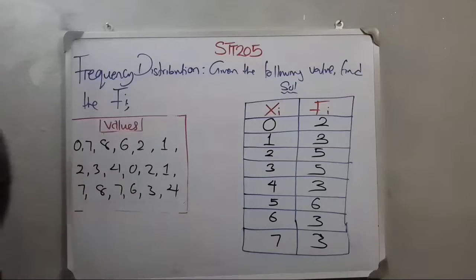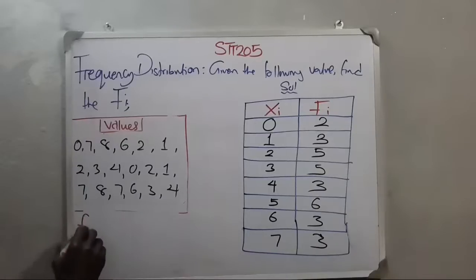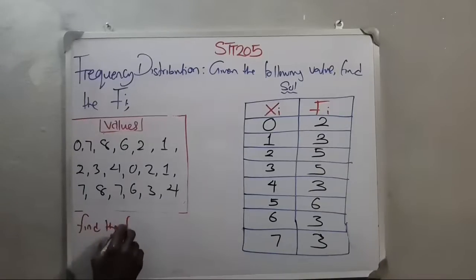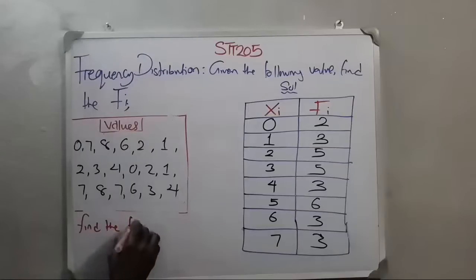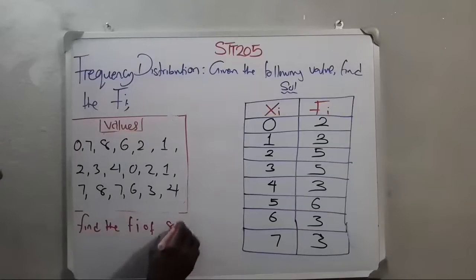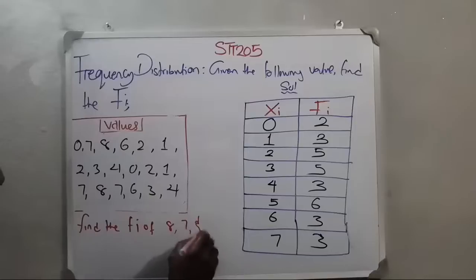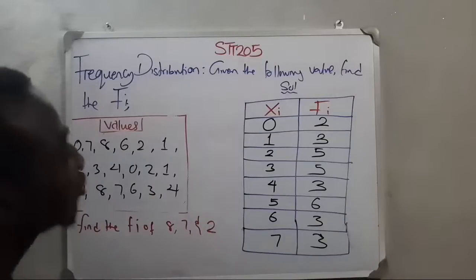Now you might be told to find the frequency, let me just use Fi, the Fi of 8, 7, and 2. You don't even have to do all this table.